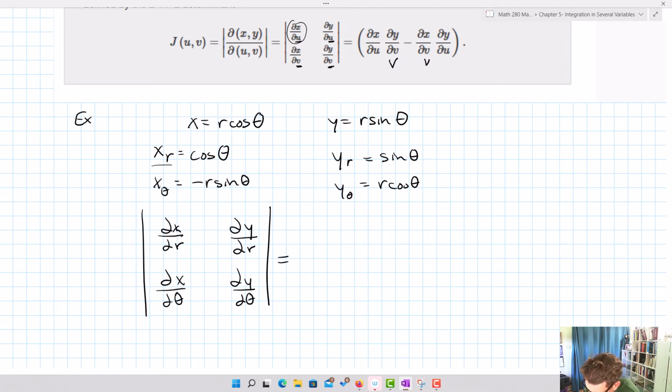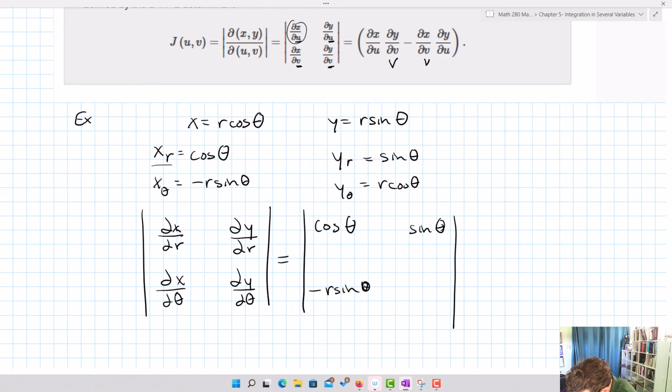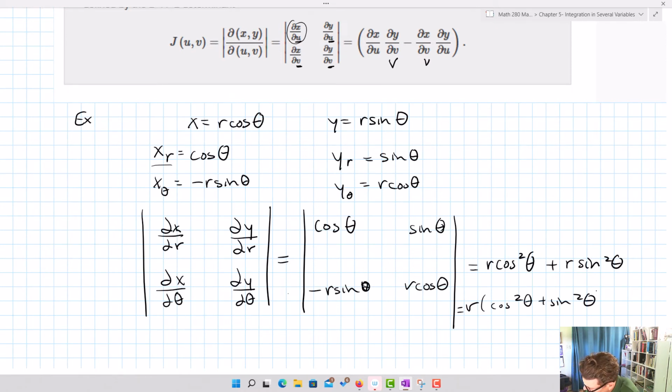So this is going to equal: x_r, which is cosine theta, y_r, sine theta, negative r sine theta, and r cosine theta. Now we'll take the determinant. This gives me r cosine squared theta, plus, because it's minus minus, r sine squared theta, which equals r times cosine squared theta plus sine squared theta, which just equals r.